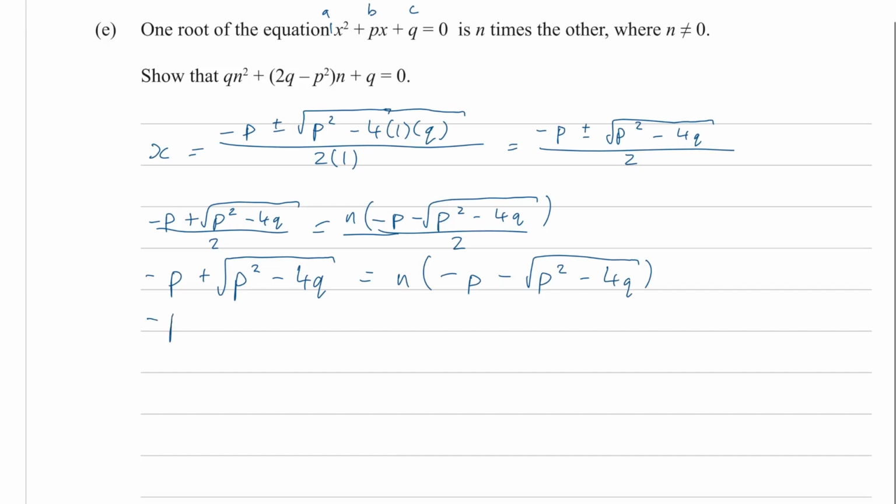So let's expand the right side with the n. So n times minus p is minus np, minus n times the square root of p squared minus 4q.